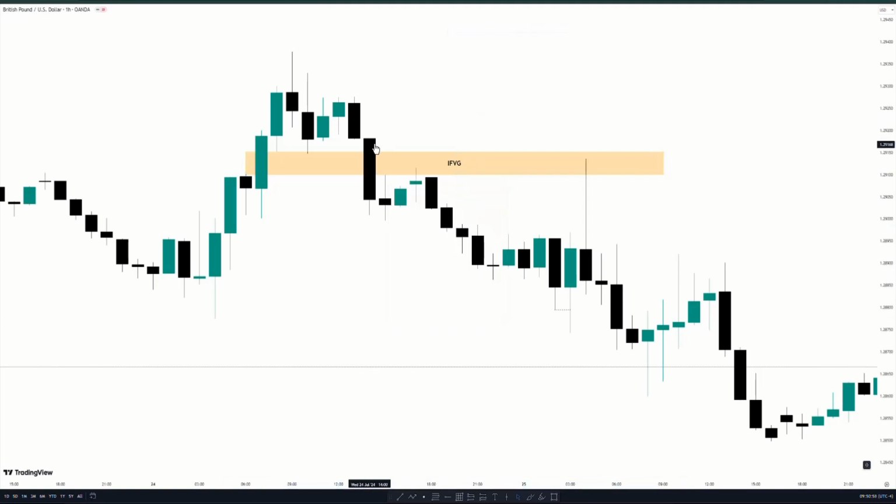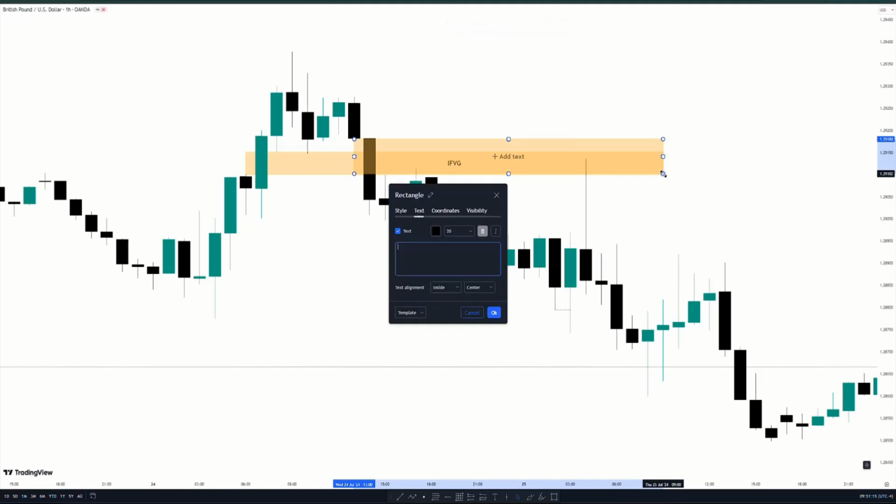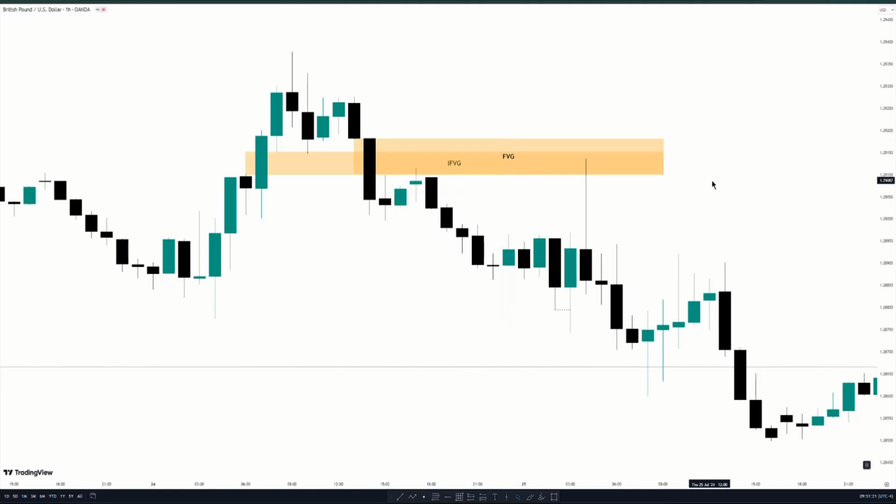And then you have a fair value gap right here, a fair value gap that was caused by this aggressive drop to the downside. So you have a fair value gap right there. When these two come together, they tend to make high quality reaction zones for price.